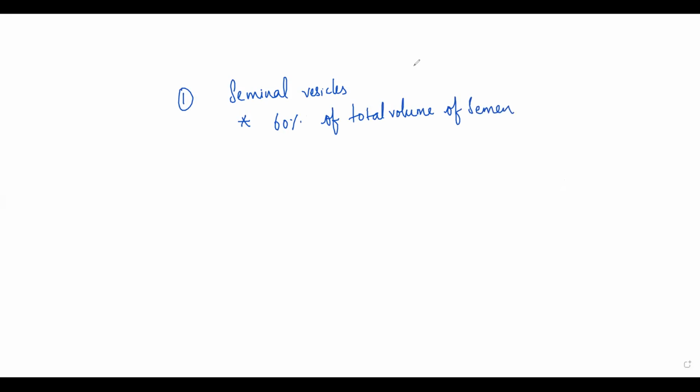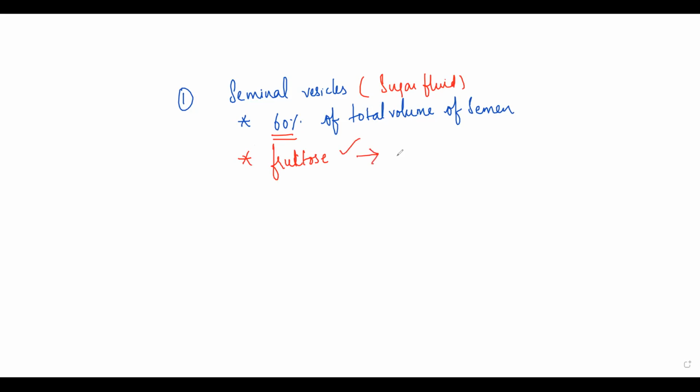So this is very important, children. A major portion of the semen is secreted by your seminal vesicles, and the seminal vesicle secretion is a very sugary fluid, just because of the presence of fructose.